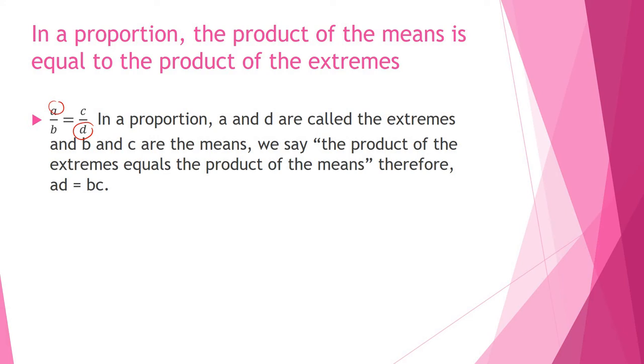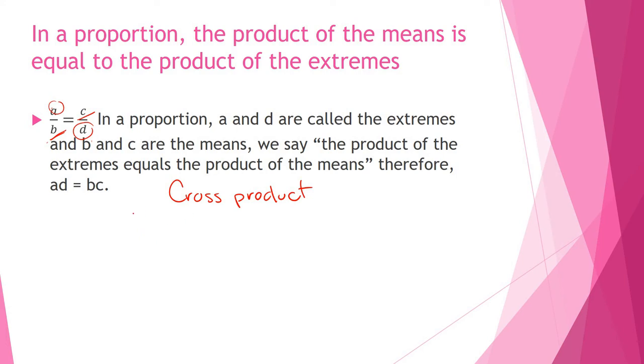They're the extreme ends of the proportion. B and C are the means. They're in between. We say the product of the extremes equals the product of the means. Therefore, A times D equals B times C. And we sometimes call this the cross product.